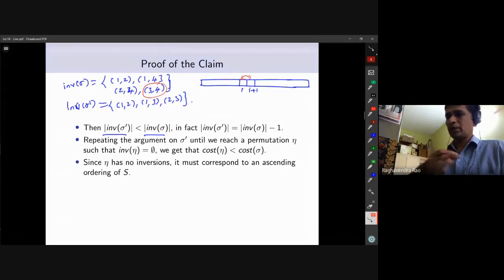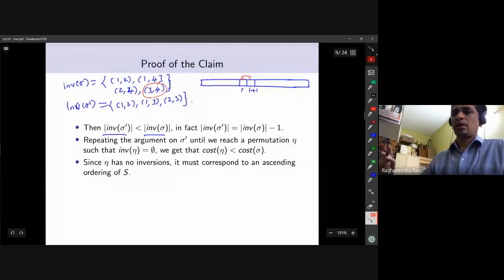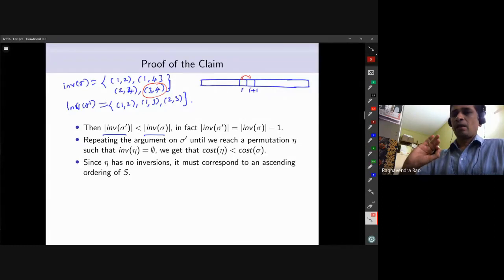In the textbook you don't even see this number of inversions mentioned. It just says, okay, repeat this. So there is a lack of rigor, but like I said, the rigor is kept under the carpet. It is understood that this can be made a completely rigorous argument.